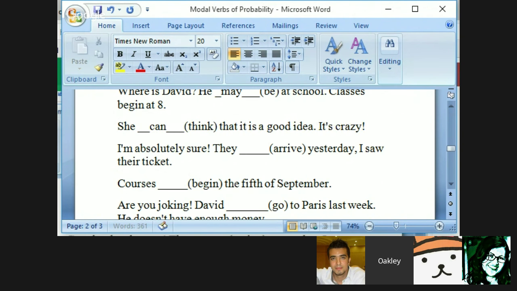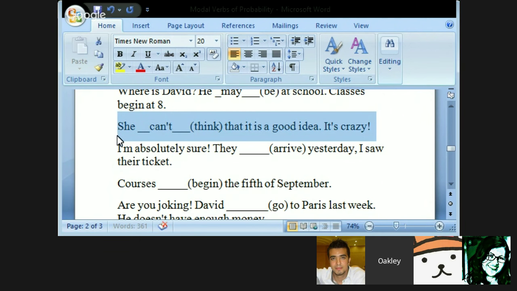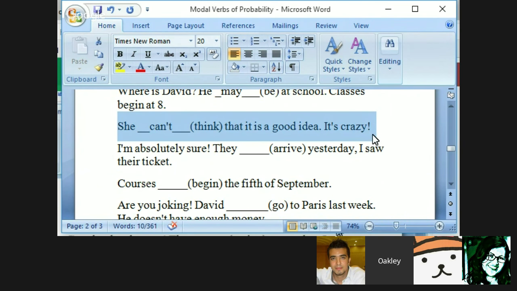For me, I would probably use "she can't think that is a good idea." It's crazy. All right. 0%, impossible. She can't possibly think that's a good idea. This is a very common phrasing in English, by the way. You can't possibly be serious. You can't think that's a good idea.